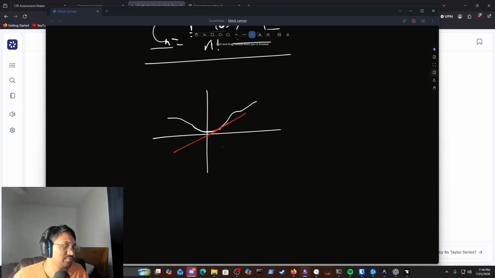So let's do blue for here, and then orange for the cubic, and then green for the quartic. I honestly don't remember what a quartic looks like, but we'll just assume that we can follow the curve a little bit more.